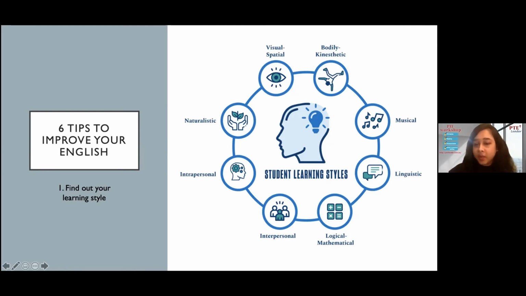A question from Julie: how long does it take to get from A2 to C2? Well, Julie, it depends how dedicated you are to improving yourself. If you feel like, okay, I have 2 months and I definitely need to reach C2 within 2 months, that's an unrealistic expectation.